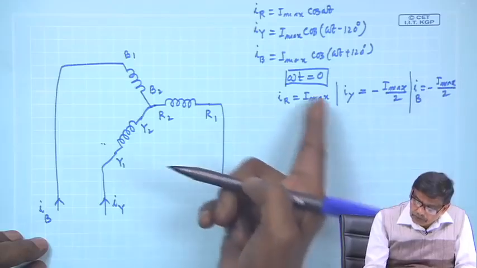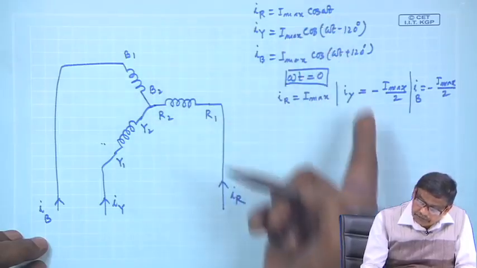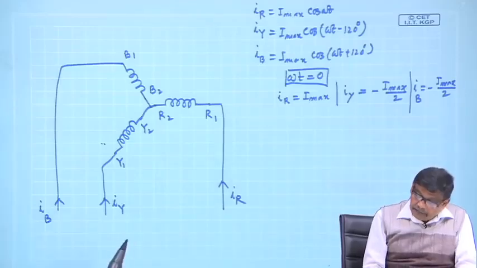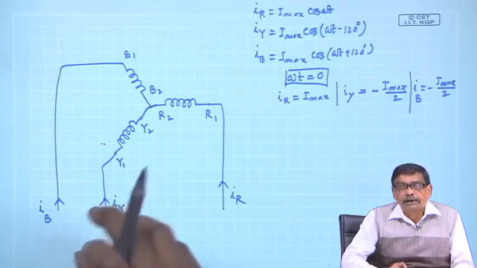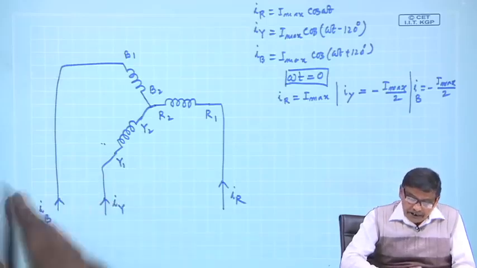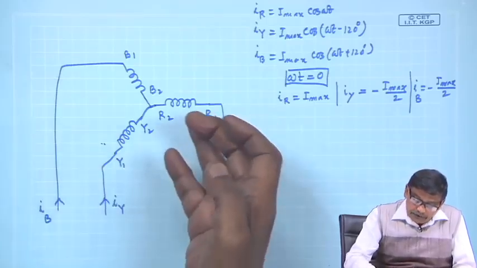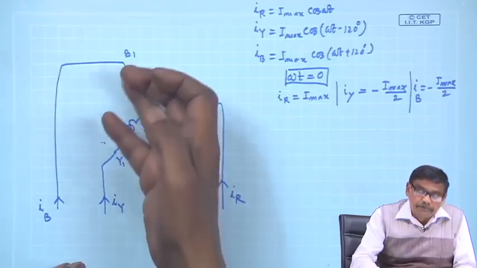That is, you simply put omega t equal to 0 in these current expressions, you get that. And then take a snapshot at omega t equal to 0 and figure out what are the fields produced by R, Y and B phase.